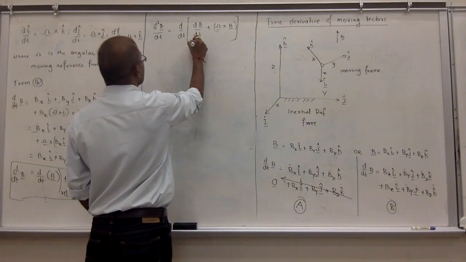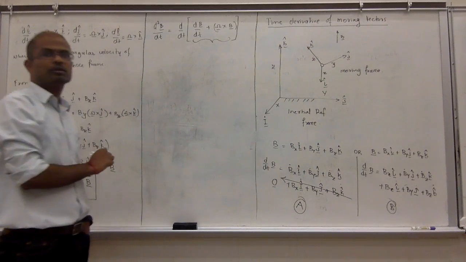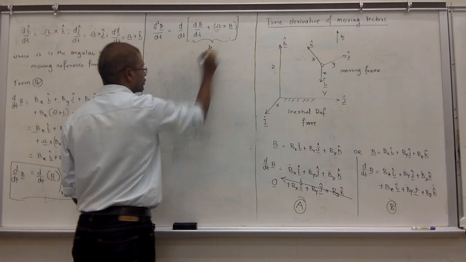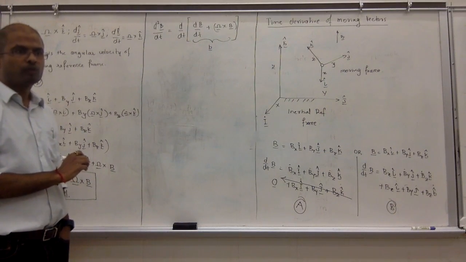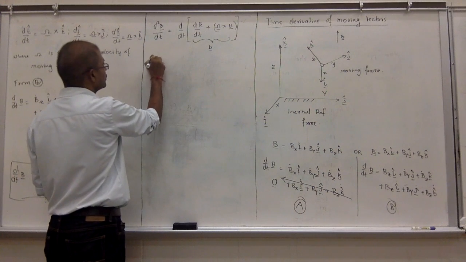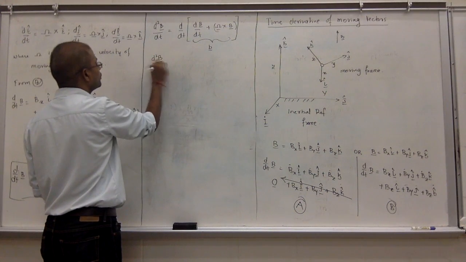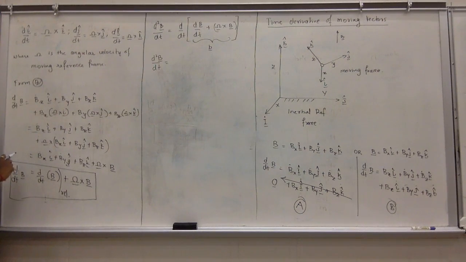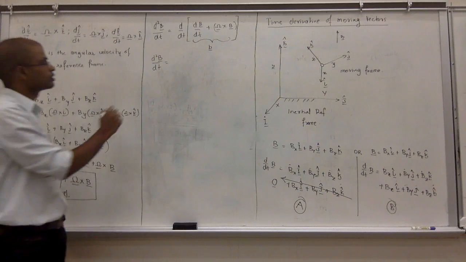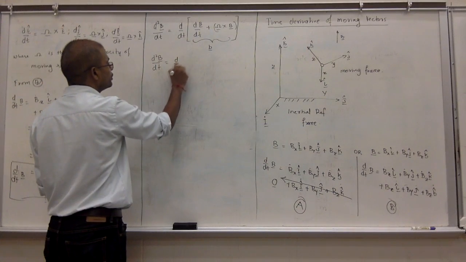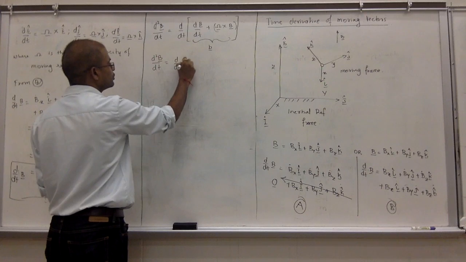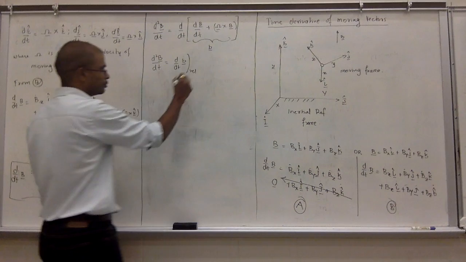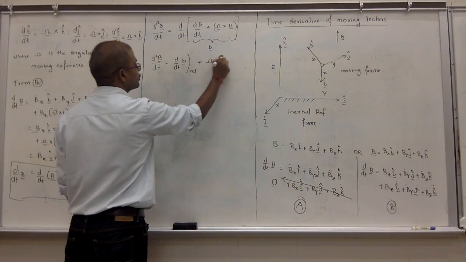Now think about this as one vector, correct? So if you say this is vector small b, you apply this law to that. It is d over dt of b relative plus omega cross with b.